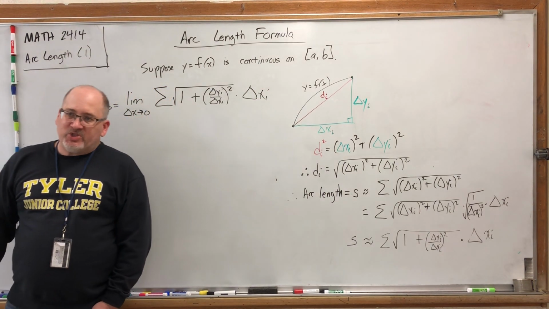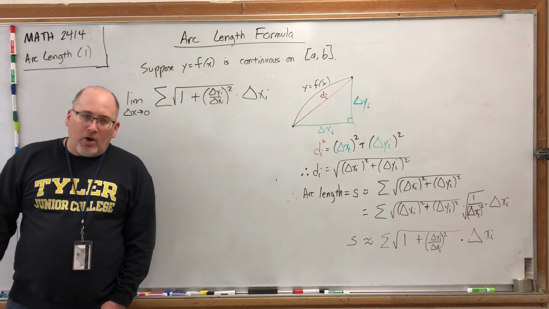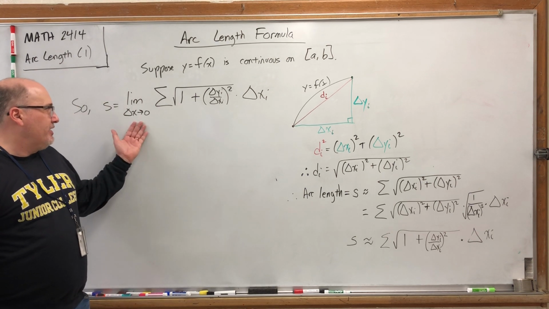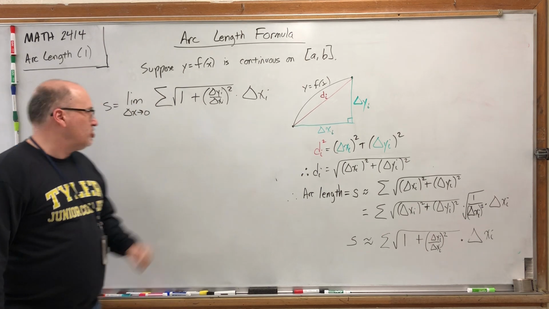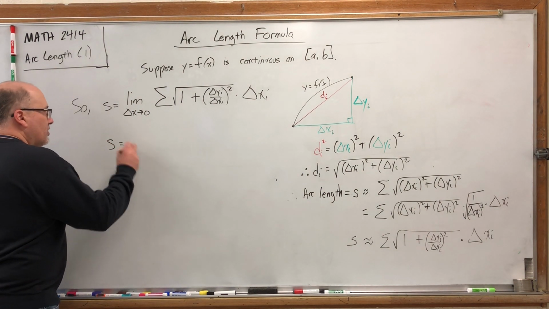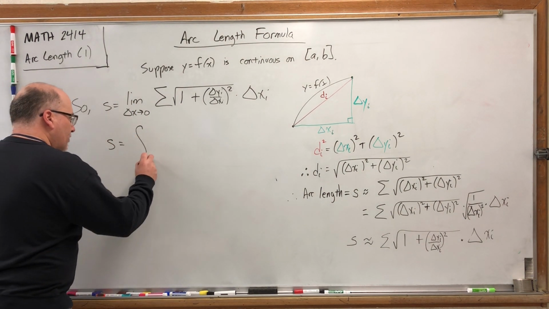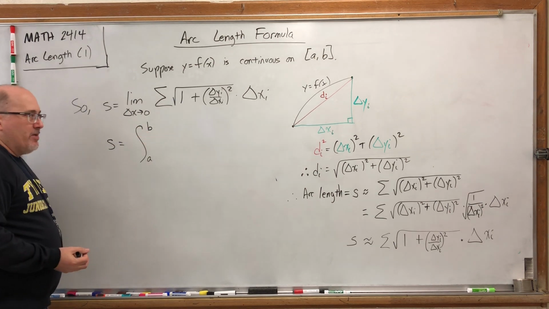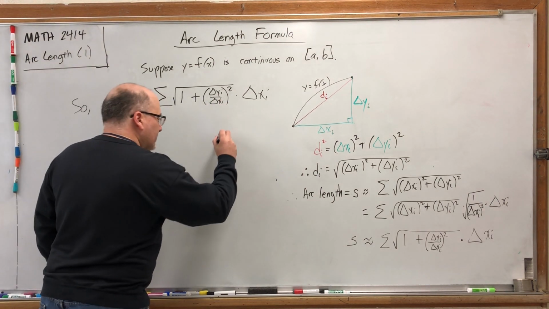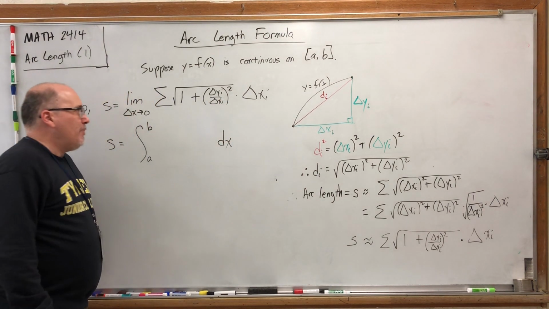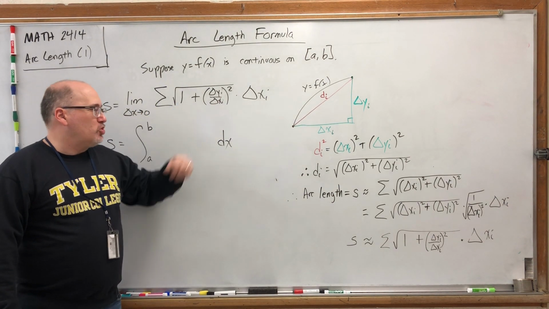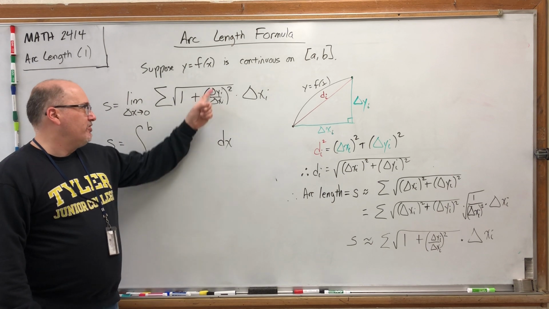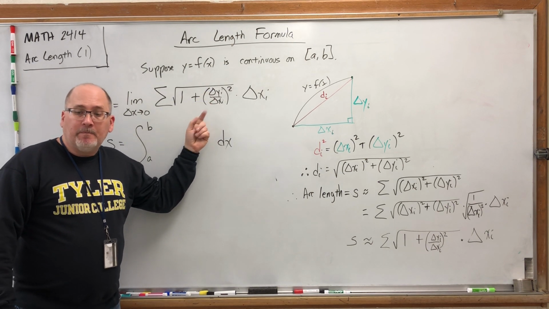This is a Riemann sum. A Riemann sum is the limit as delta x approaches 0 of the sum of a function times delta x, which gives us a definite integral from a to b. The delta x becomes the dx, but what happens to this square root? Well, the square root, the 1, the plus, and the square don't do anything, but what happens to this delta y over delta x?